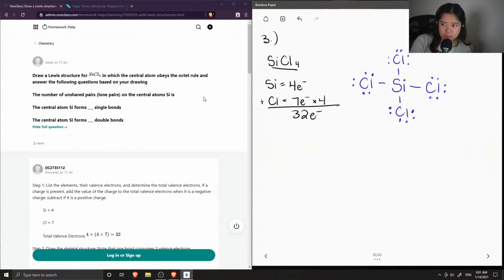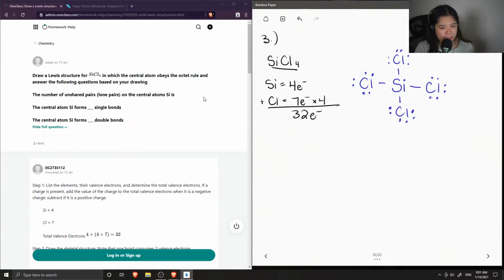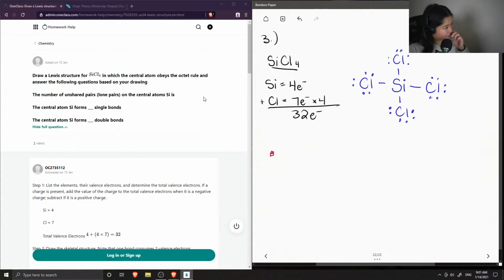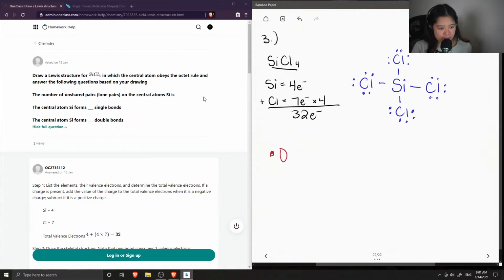Okay, so if I count out how many electrons I've drawn so far, I already have my 32 electrons. So now I can try to answer the questions. The number of unshared pairs or lone pairs on the central atom is, if we count it out, there are no lone pairs on the central atom. I'm just going to say 0 lone pairs.